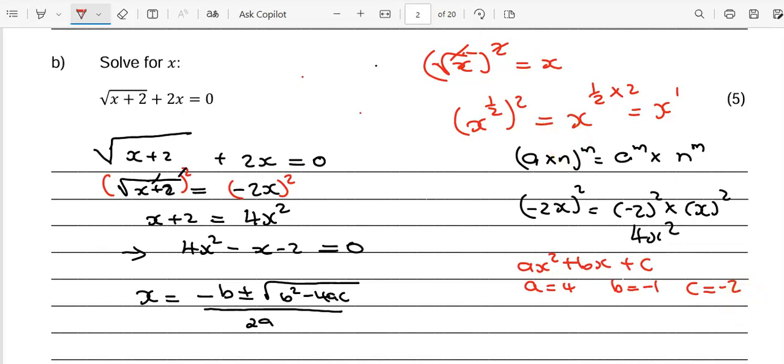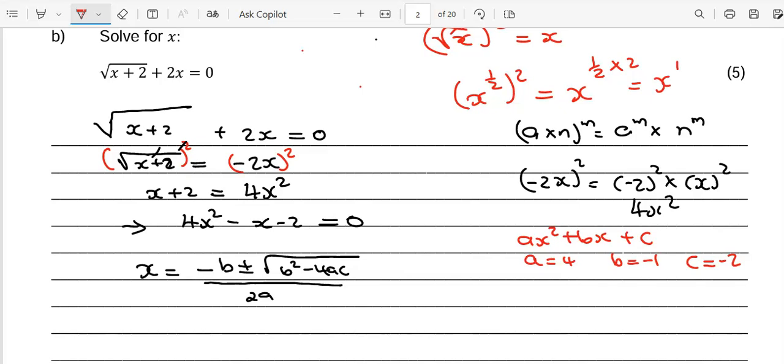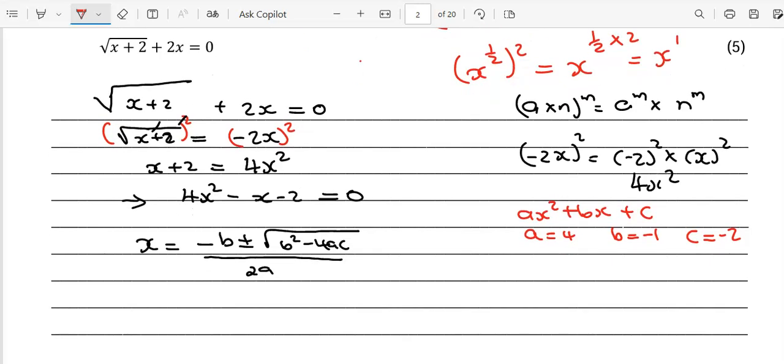We can just do direct substitution. We can substitute the value of a, the value of b, and the value of c into this equation. Right, let us quickly substitute. So x is equal to minus b plus or minus the square root of b squared minus 4ac.